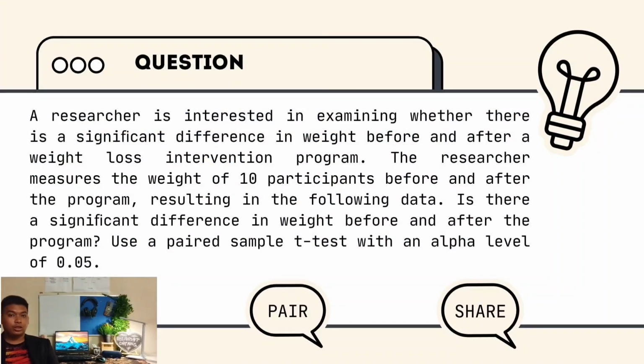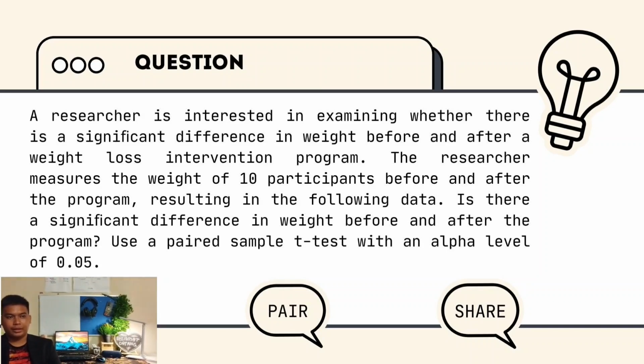Thank you, Ani. So today I will be presenting an analysis where we aim to determine whether there is a significant difference in participant weight before and after undergoing a weight loss intervention program. We collected data from 7 participants, measuring their weight before and after the program.